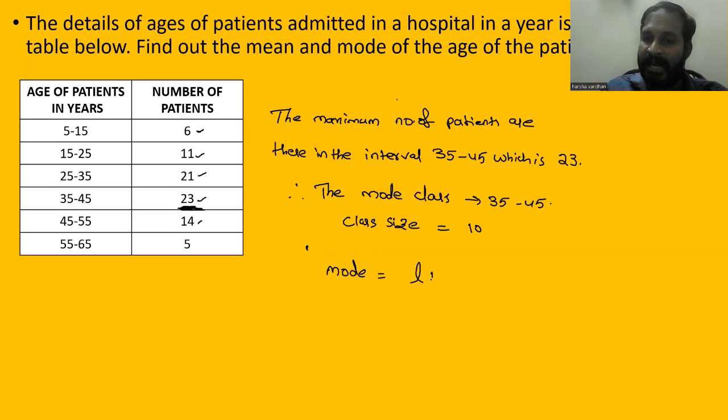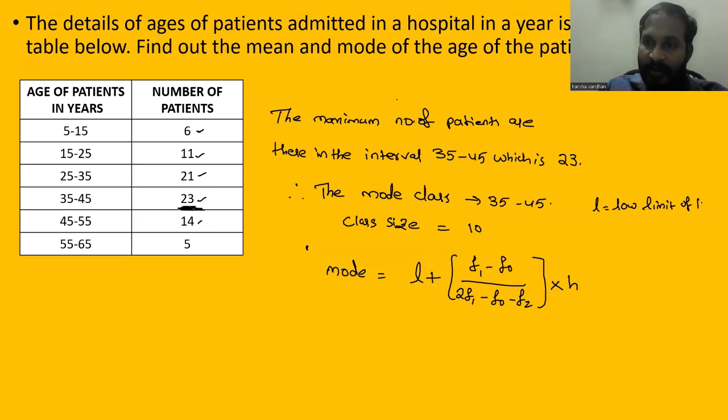Mode is L plus (F1 minus F0) by (2F1 minus F0 minus F2) into H. L is nothing but the lower limit of the mode class. Here the limits are 35 and 45, so my L is 35.